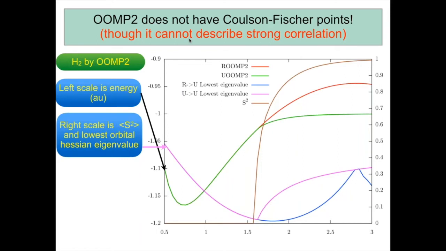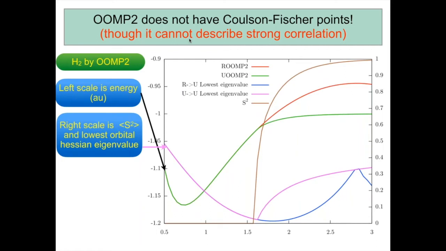So in other words, the solutions actually don't connect. To the right of about 1.6 angstroms in bond length, there are actually two coexisting local minima. One is with restricted orbitals, just like RMP2, and the other is with unrestricted orbitals, like UMP2, but with orbital optimization.